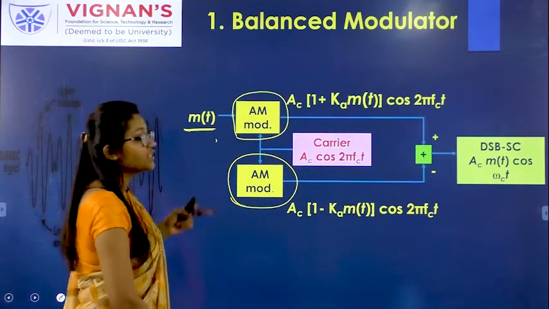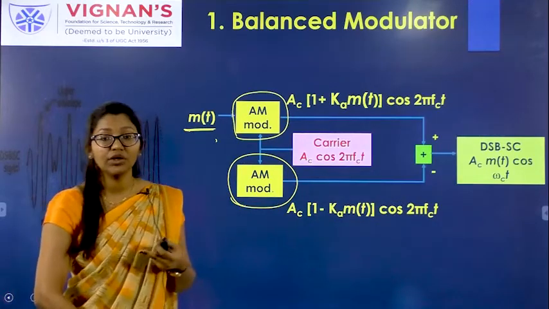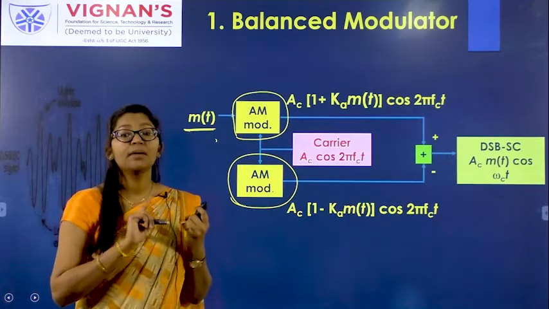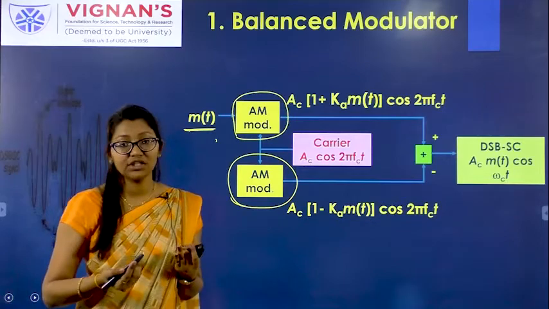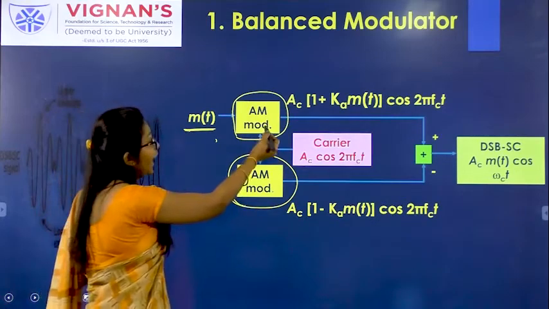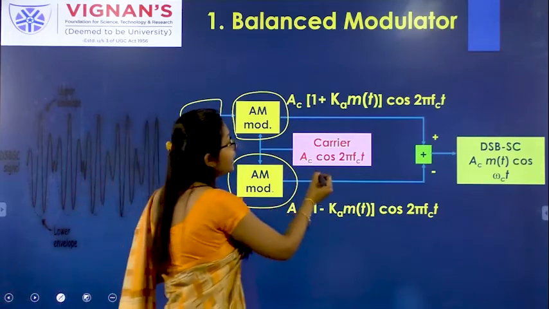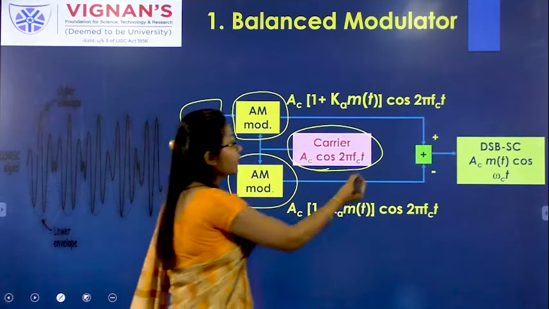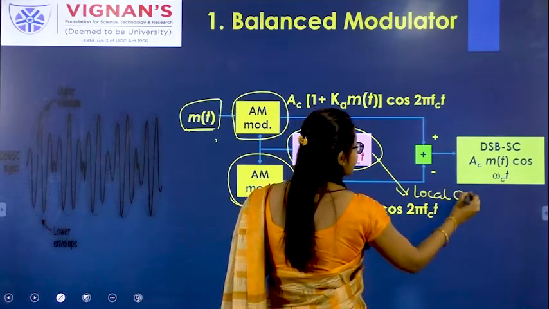With the message signal, the next signal we have to give is the carrier signal. Mainly we need the message signal and the carrier signal to generate any modulation technique. So for the amplitude modulator I am giving the message signal and the carrier signal. This carrier signal can be generated by using the local oscillator.